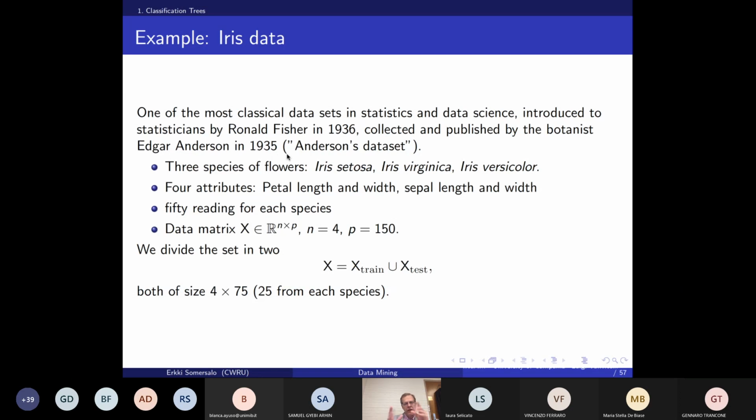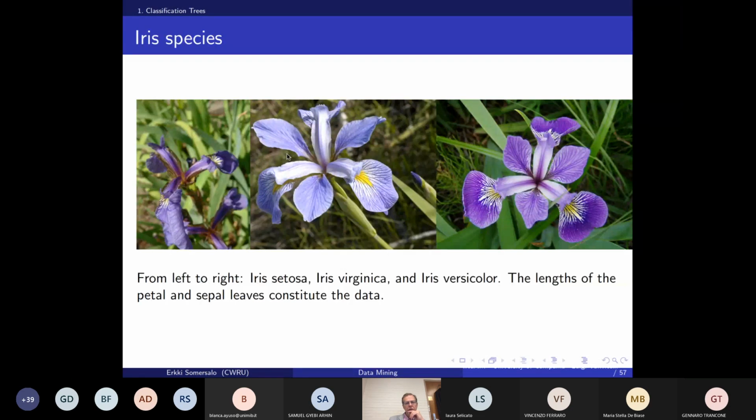It is a very simple data set. The botanist was looking at 3 flower species, which were all iris flowers: Iris setosa, Iris virginica, and Iris versicolor. And I show you here the picture. So these are the irises. I think this is from Wikipedia. What Anderson was measuring was the length and width of the sepal and petal leaves. Petal leaves are these long ones.